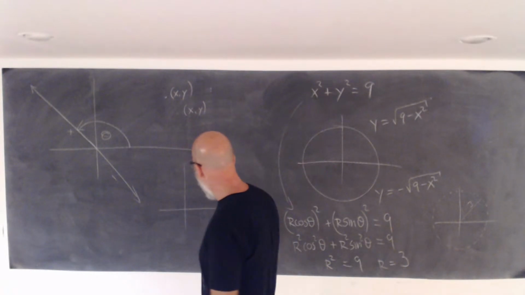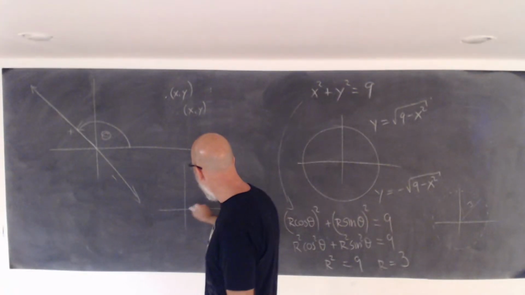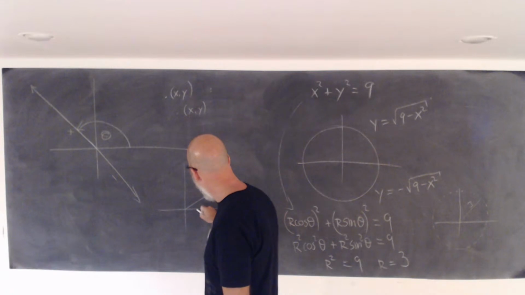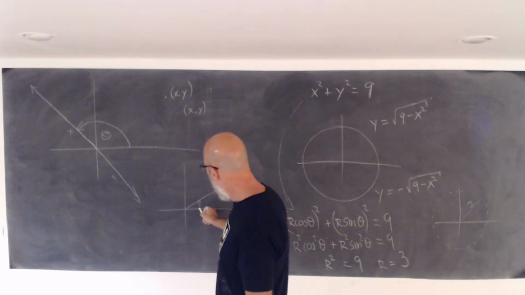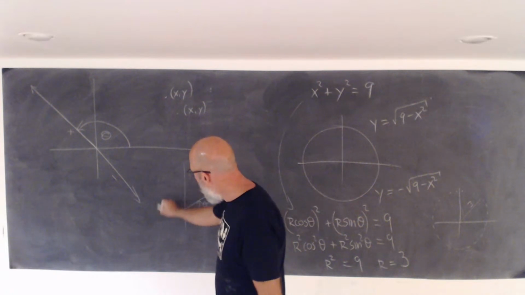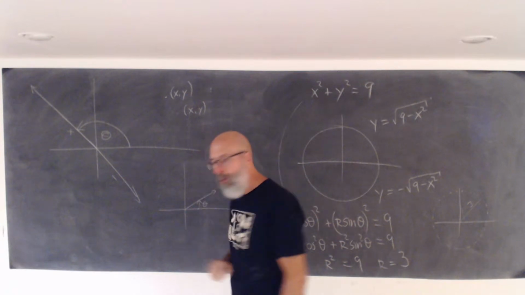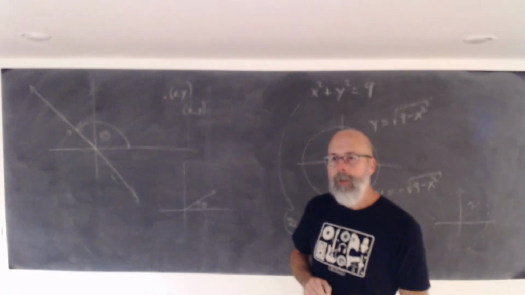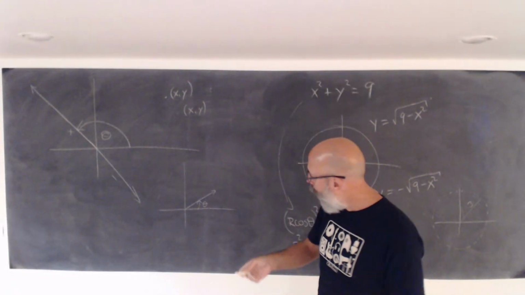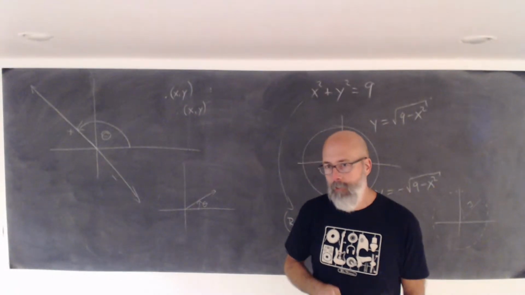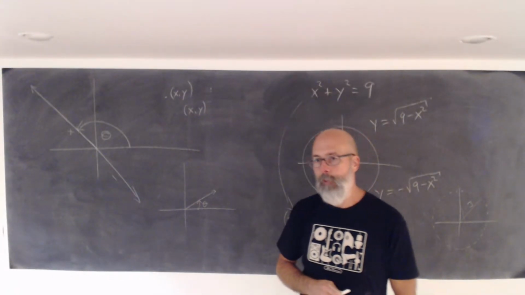In polar coordinates, if you take a point here, and if this is the angle theta, if you were to go another 2 pi, another 360, you're back where you started. So, in fact, every point has infinitely many representations in polar coordinates.